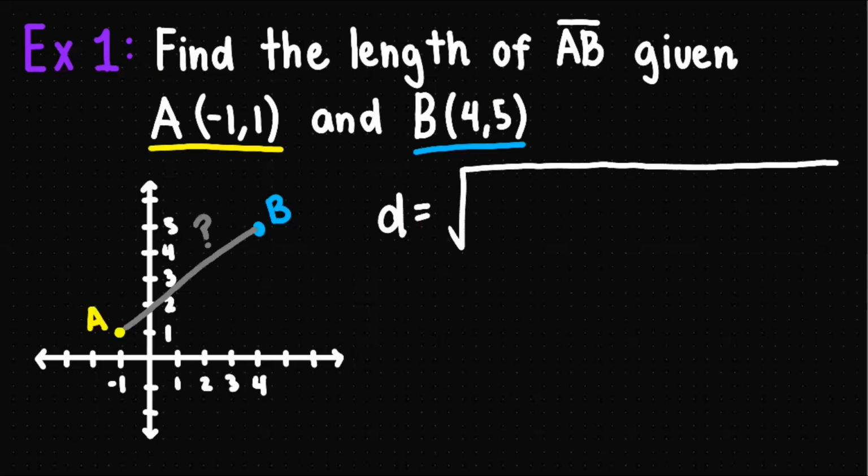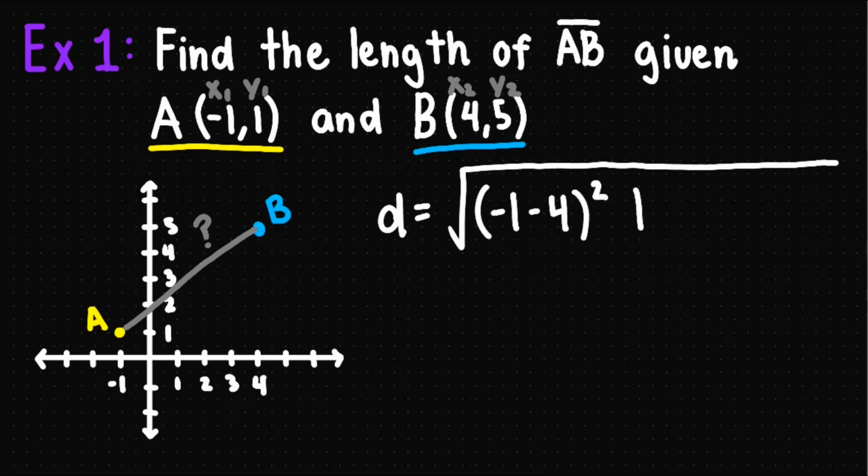If we set this to be x1, this is y1, this is x2, and this is y2, then just plugging in the values, we'll have x sub 1 minus x sub 2 squared plus y sub 1 minus y sub 2 squared.